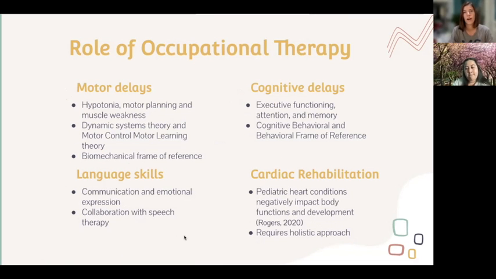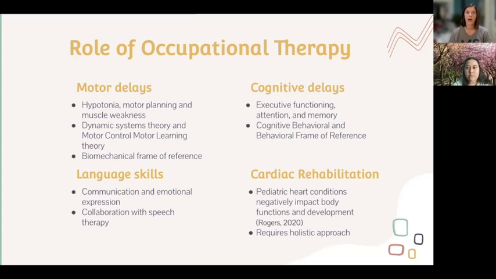So what is the role of occupational therapy? We kind of split it up based on the common deficits seen in individuals with Noonan syndrome. In regards to motor delays, commonly seen are hypotonia, motor planning deficits, and muscle weakness.